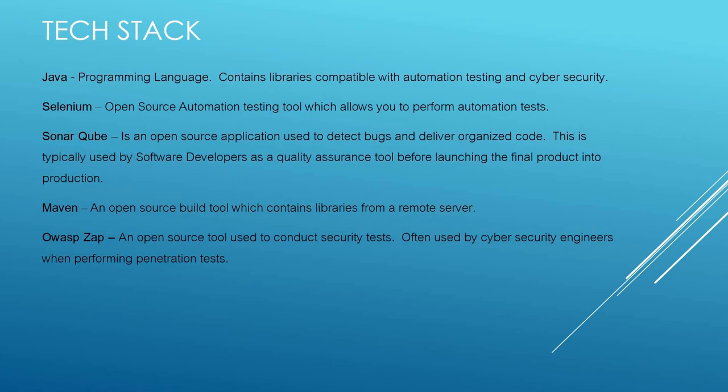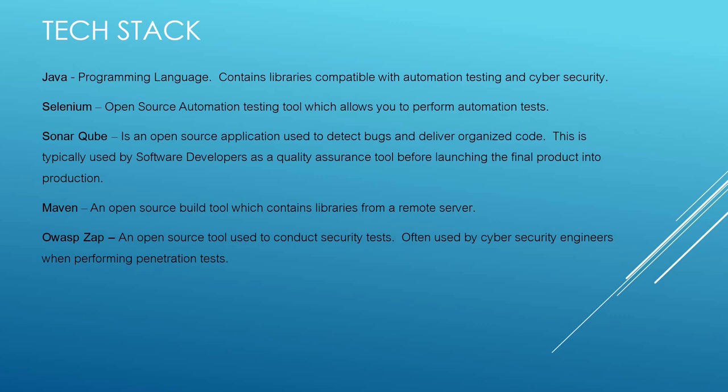So as far as the tech stack goes, the programming language that I decided to use is Java. And the reason why I decided to use Java is because it contains a lot of different libraries and utilities that are compatible with automation testing as well as cybersecurity. Then from there, we're going to be using Selenium, which is an open source automation testing tool which allows you to perform automation tests.